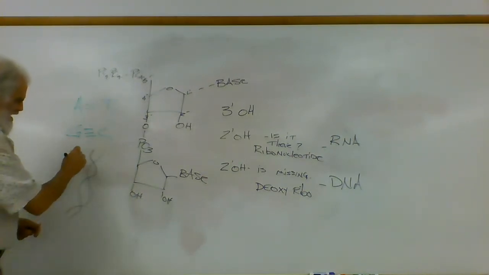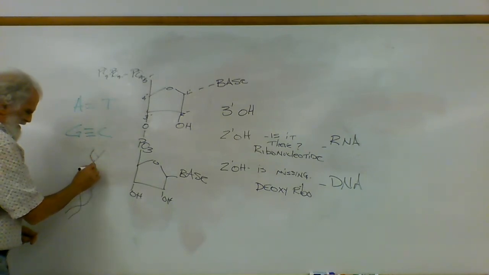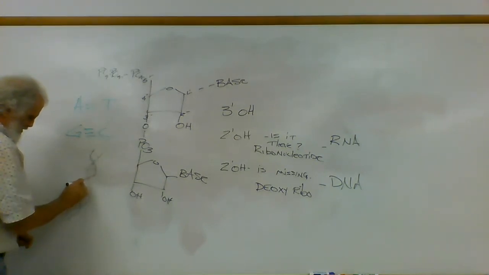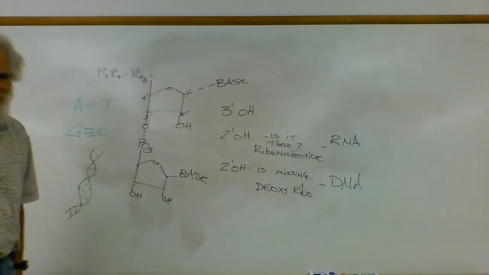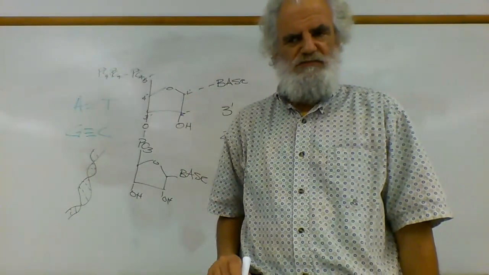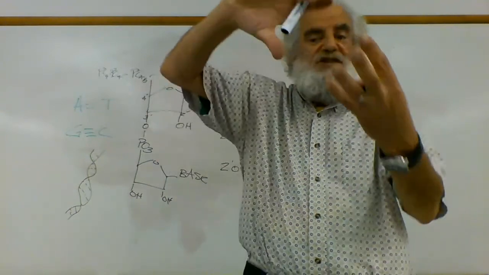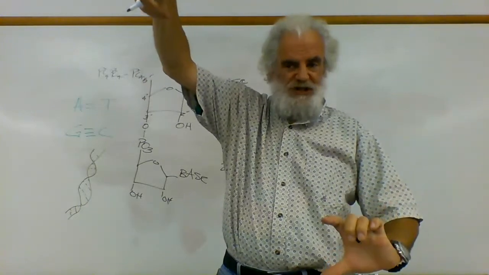The drawings of it are not easy to do to make it look right. If you're ever drawing DNA structures, don't try to draw them as a double helix. You'll confuse yourself and you'll make your instructor cranky. But that's the way we think of double-stranded DNA, as a ladder that is twisted.